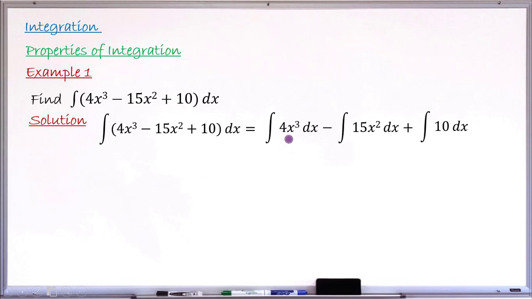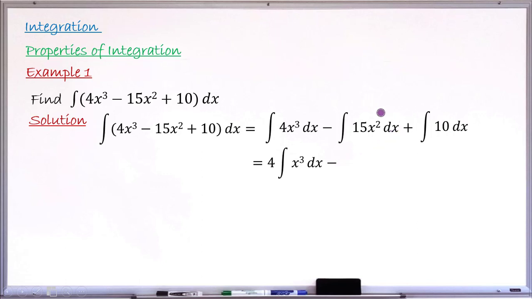So I continue. Looking at this very term, 4x raised to 3, this 4 is multiplying x raised to 3 just like a coefficient. So using another property of integration, this 4 can be factored out, so you can now have 4 multiplied by the integral of x raised to 3 dx, minus, I just copied this minus.